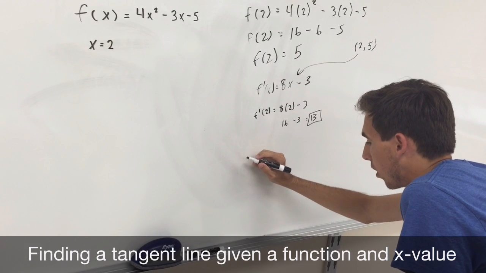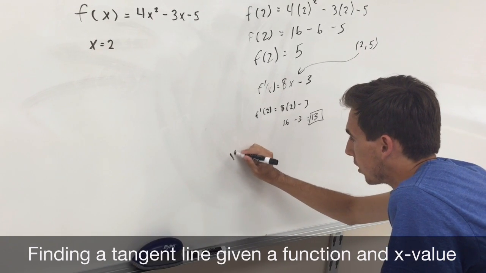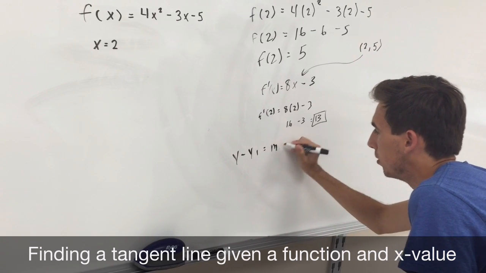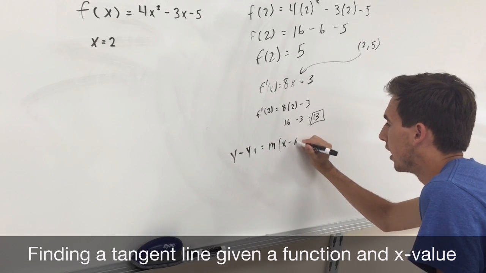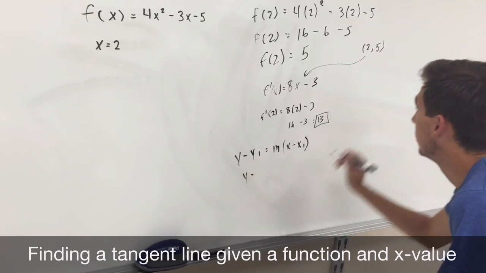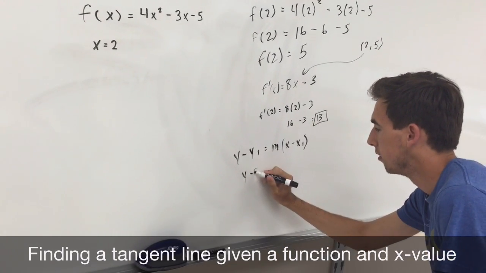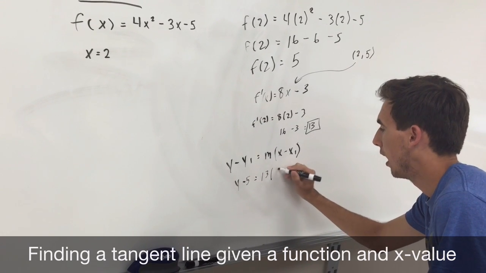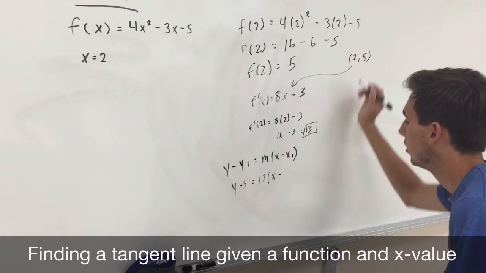When writing our tangent line equation, it's y minus y1 equals the slope times x minus x1. We get y minus 5 equals 13 times x minus 2.